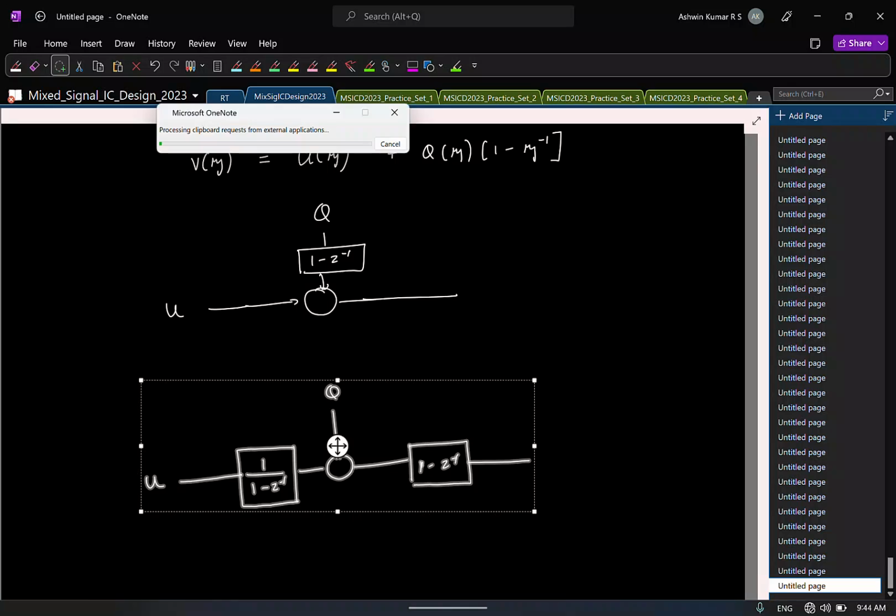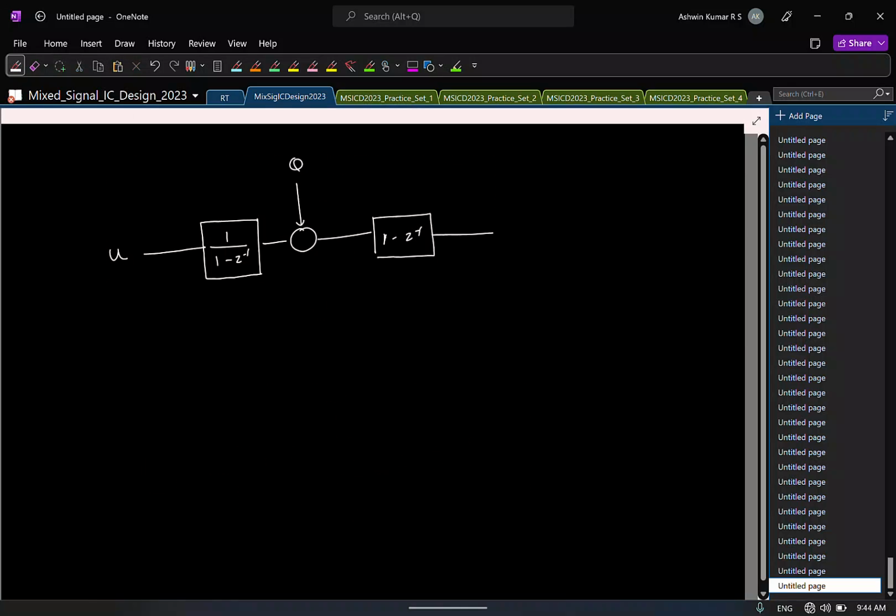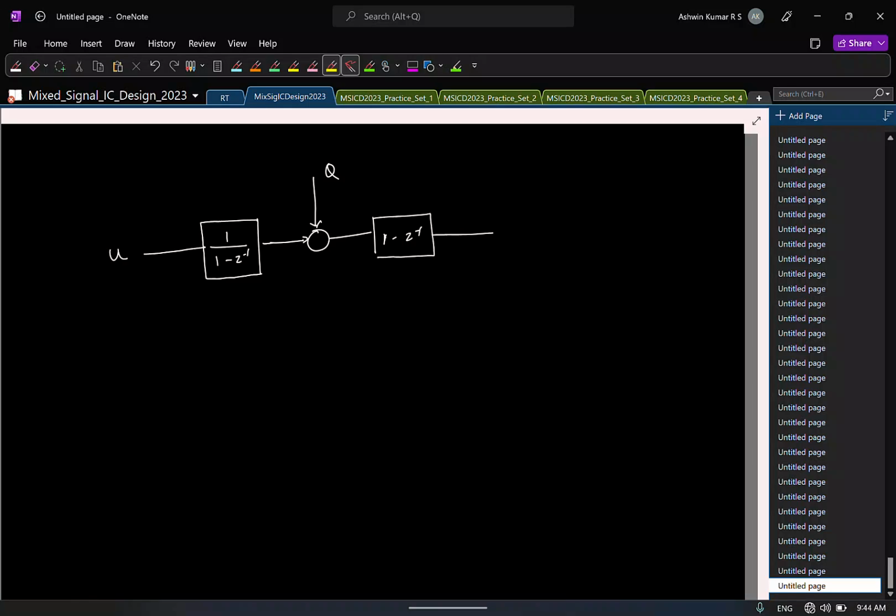So the natural question is, why not do this? It looks much simpler, no negative feedback, nothing. What do you think? Do you think this will work in practice, or do you foresee some issues? Can we implement 1 minus Z inverse?